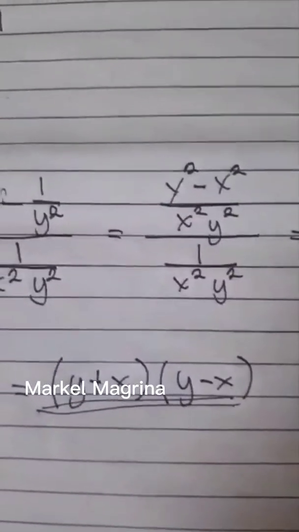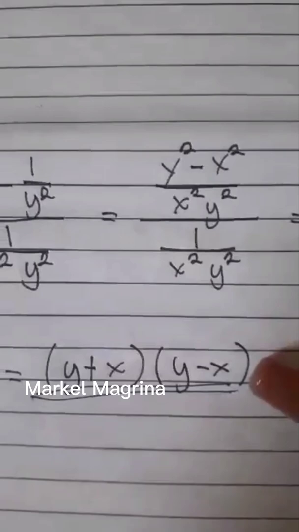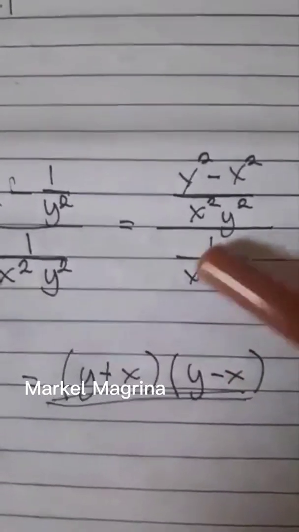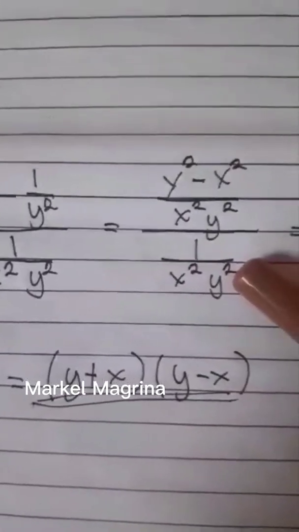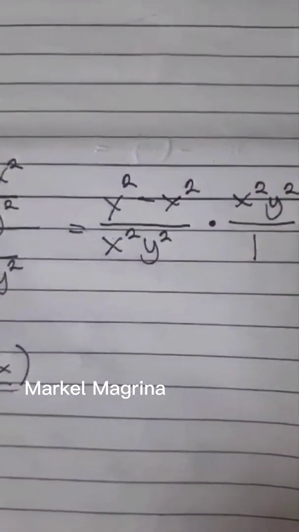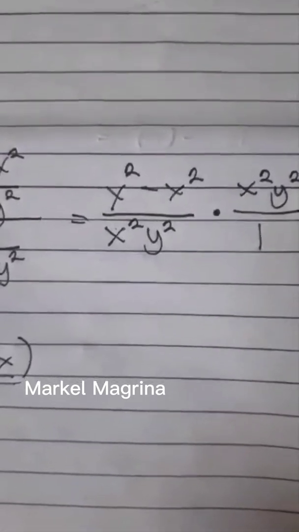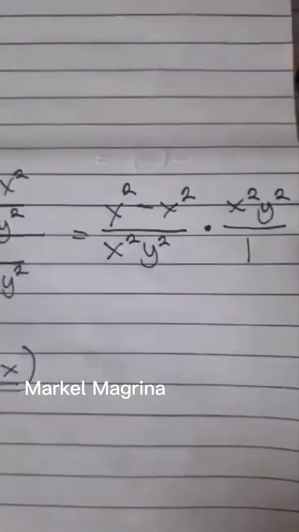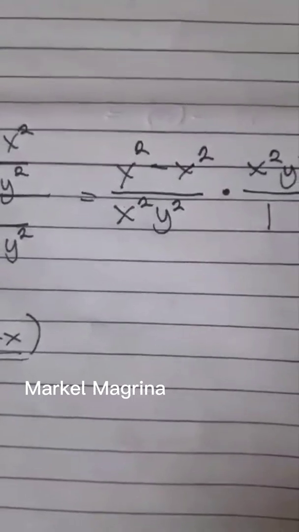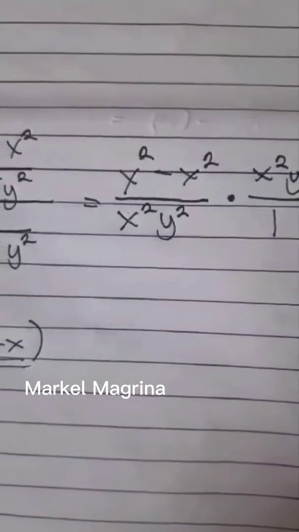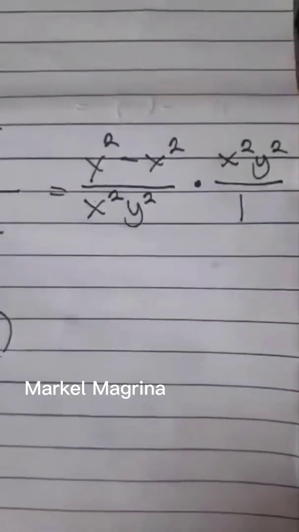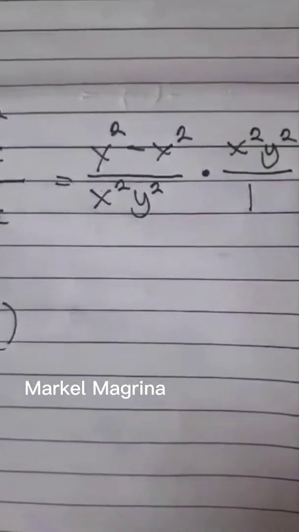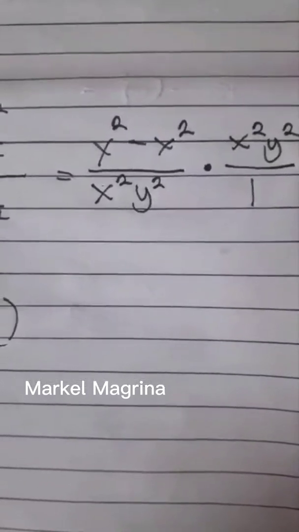Next, take the reciprocal of the denominator so that you can multiply the two. So the equation becomes y to the power of 2 minus x to the power of 2 over x to the power of 2 y to the power of 2 multiplied by x to the power of 2 y to the power of 2 over 1.